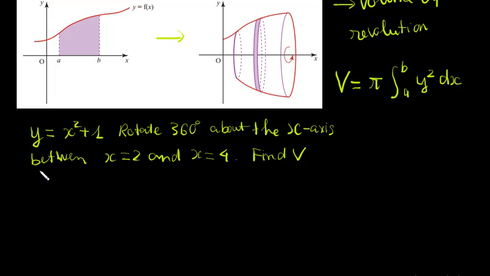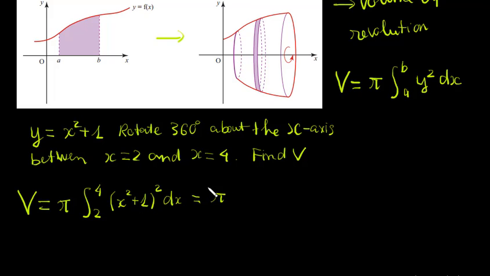So first of all, volume, I will substitute into here, equal to pi multiplied by the integral, here's 4 and here's 2, my y squared. At first I have my y equal to this one, so my y squared would be (x squared plus 1) squared dx, which will be equal to pi.